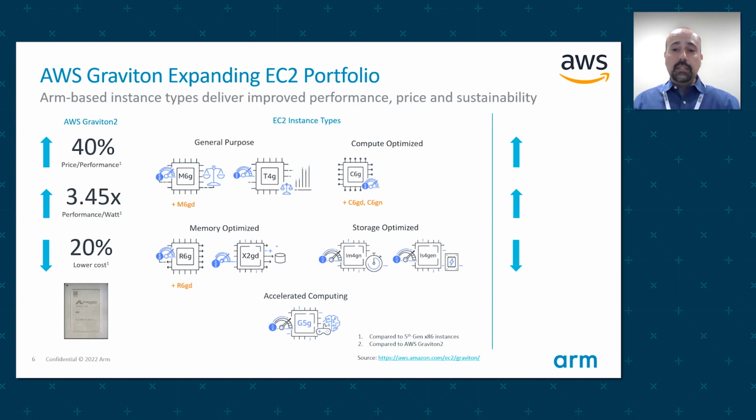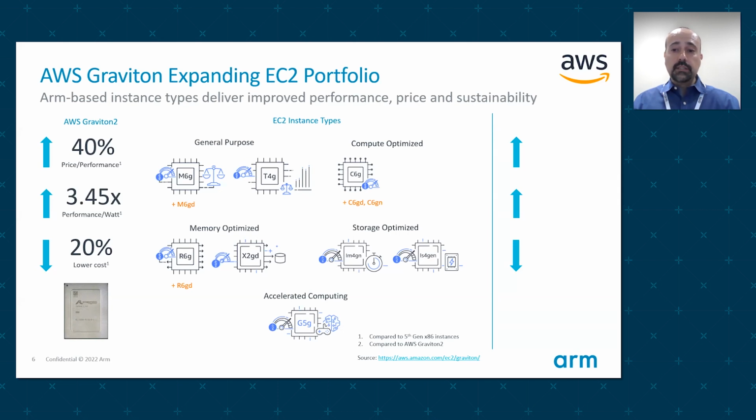Since the time of AWS's support for Arm-based CPUs, they've now been able to migrate and offer a plethora of instance types, from general purpose, compute optimized, memory optimized instances, storage optimized, and even instances that offer accelerated computing.